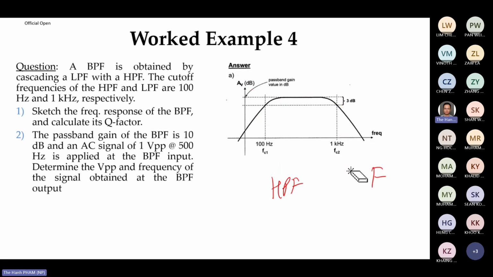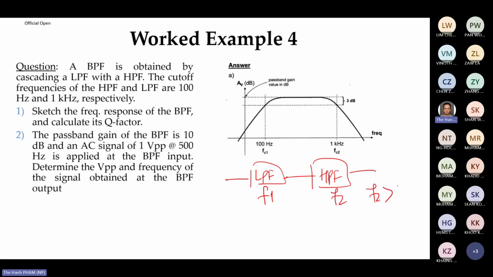Hey, by the way, what happens if the high pass filter has higher cutoff frequency? Suppose low pass filter here, high pass filter here. Suppose this one F1, this one F2, and F2 is more than F1. Very simple. Imagine you have all frequency entering here.